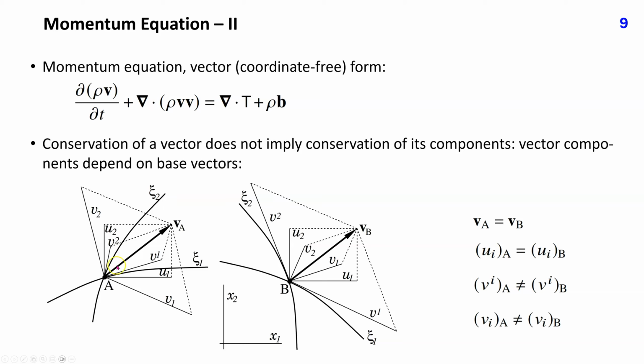The velocity vectors at locations A and B are the same, indicating the conservation of momentum when no external forces are acting on the fluid. Shown are also Cartesian and curvilinear coordinates and their corresponding base vectors: Cartesian, contravariant, and covariant. Only the Cartesian vector components are the same at points A and B, when vectors are the same. The other components differ because of the changing orientation of coordinates, even if vectors stay the same.